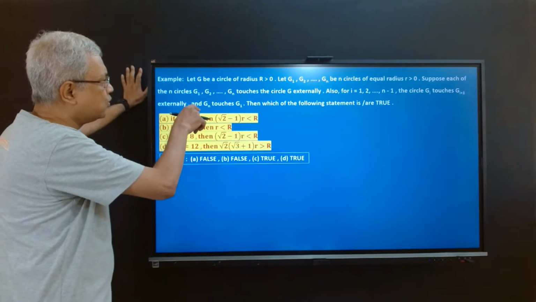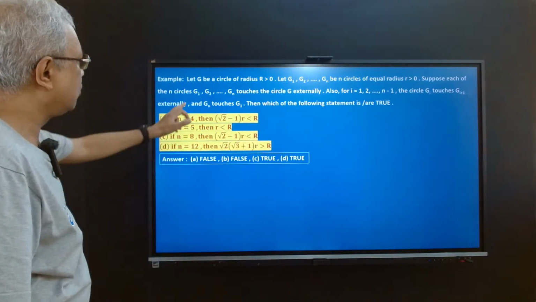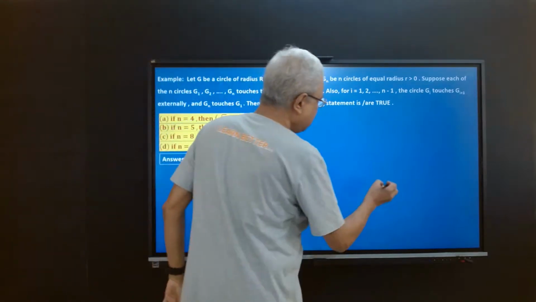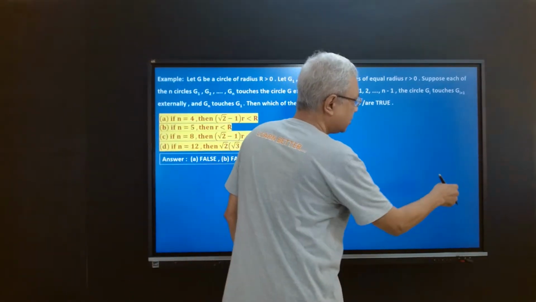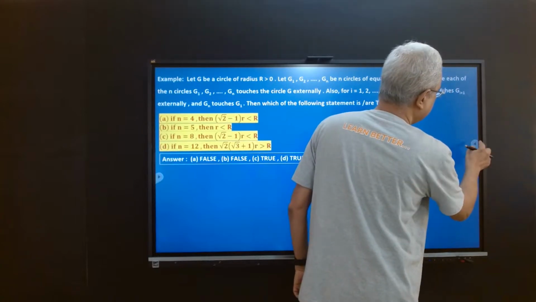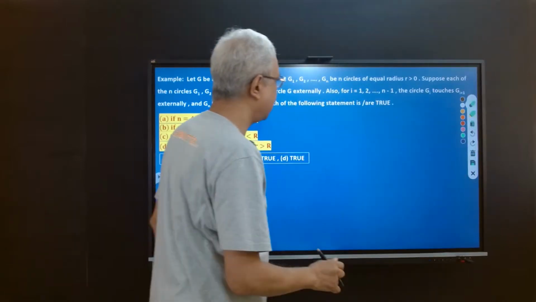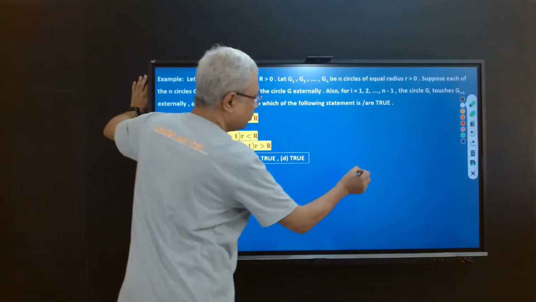So let us try to roughly sketch geometrically what the problem states. There is a circle, big G, something like this. Let us choose a color scheme. I think white color will be most suited.